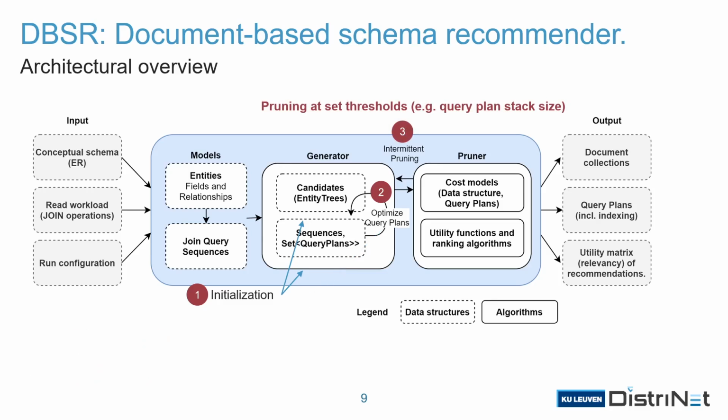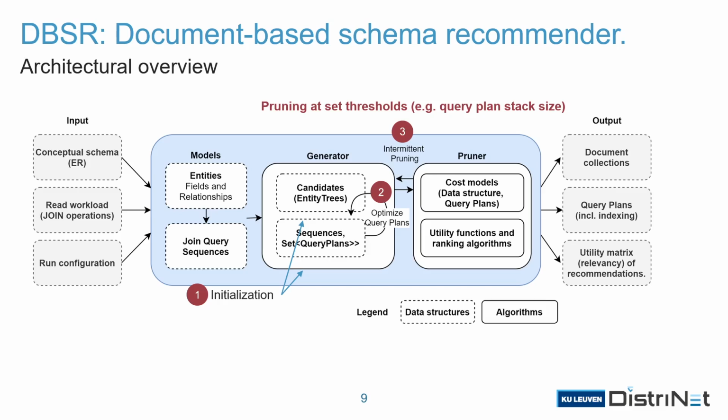At a certain point, the stack of query plans that still require optimization might become rather large. So at a certain threshold of, say, 80,000 query plans, we will apply some pruning, sorting query plans from least to most effective and pruning the least effective ones. We can do a similar approach for documents as well, pruning the least efficient documents.